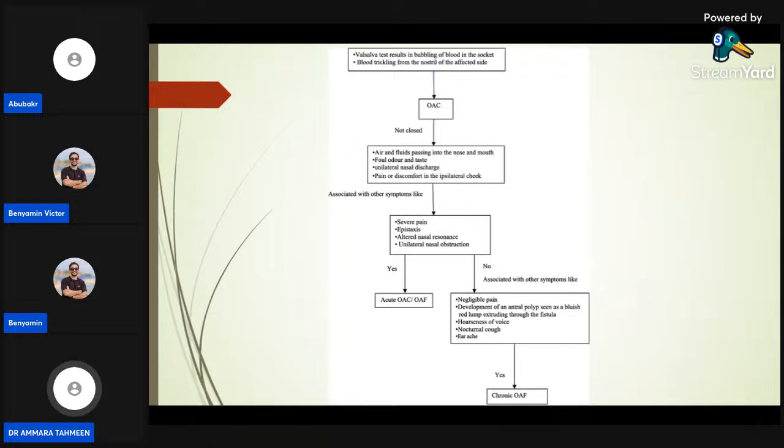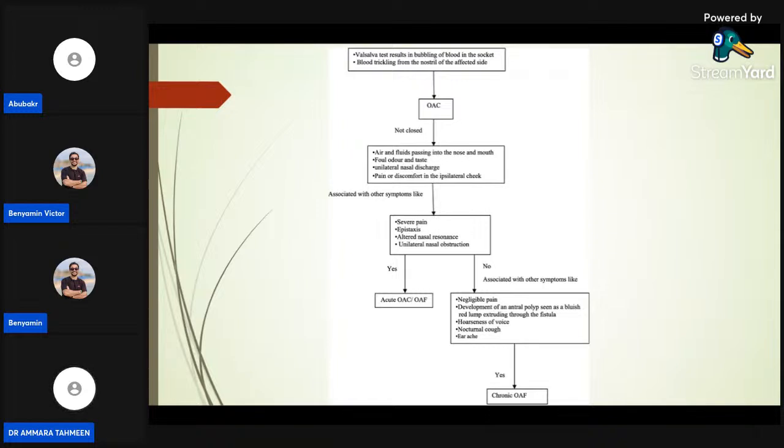By that we can predict whether it's going to be just a simple extraction, or there is a very close relation of the roots of the maxillary teeth with the sinus. Then we can make a plan B and be ready, and if you think there is a communication soon after the extraction, you can immediately plan the treatment.